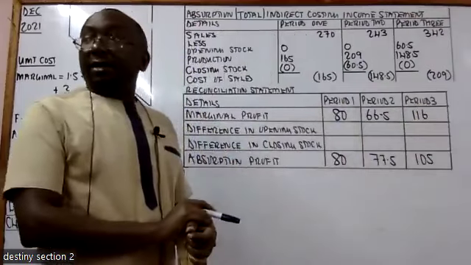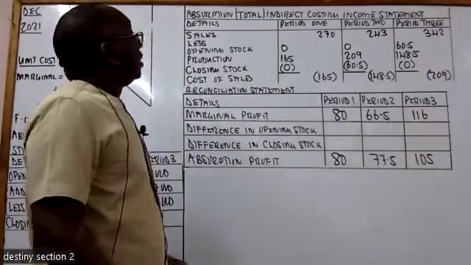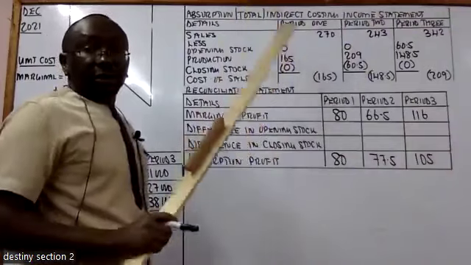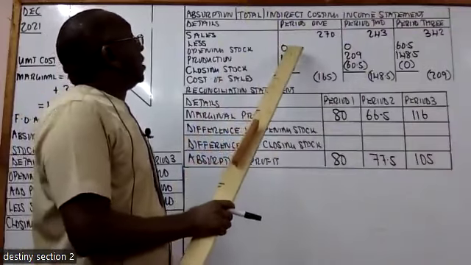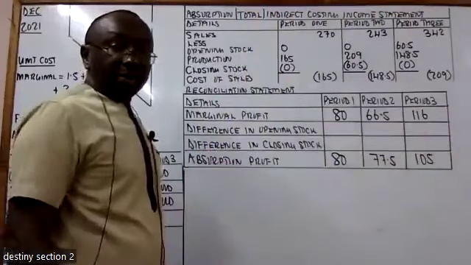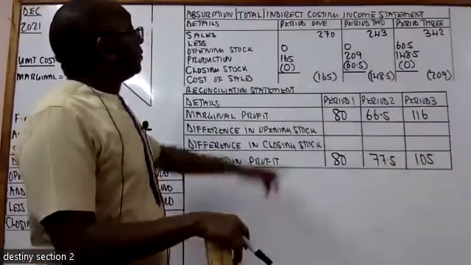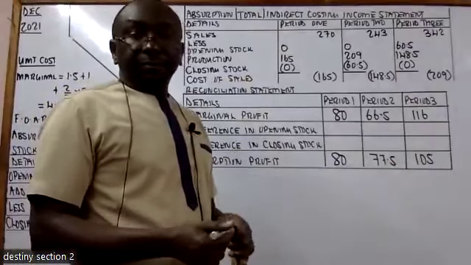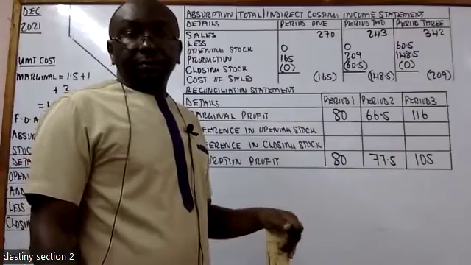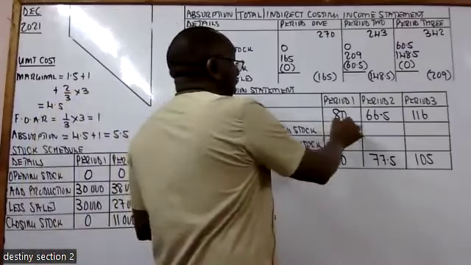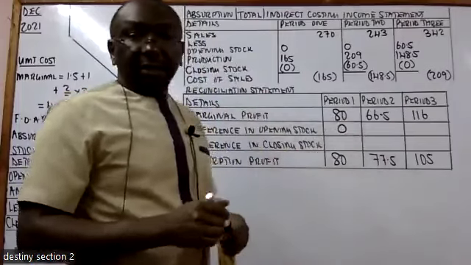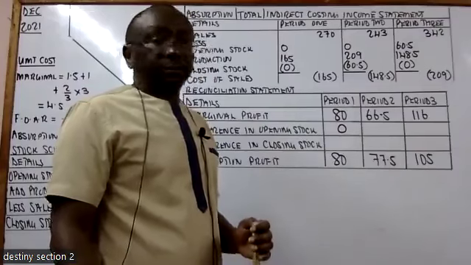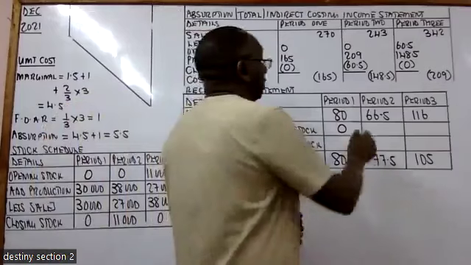Nataka sasa, you tell me the difference between these opening stocks. In the first period, absorption wako na 0, marginal, angalia walikuwa na ngapi, niambie the difference. The difference in opening stocks of the first period is what? 0. In the second period, it is 0 also.